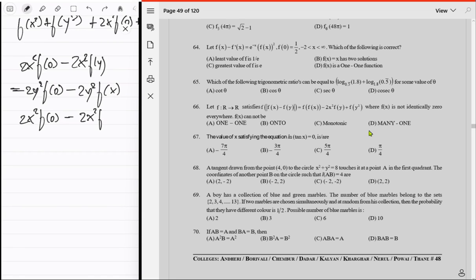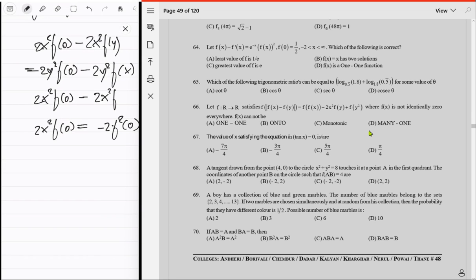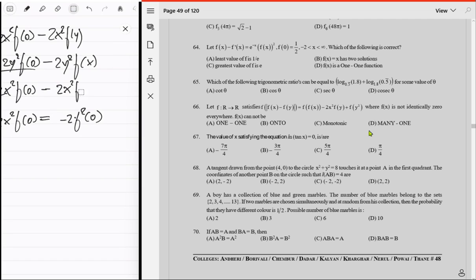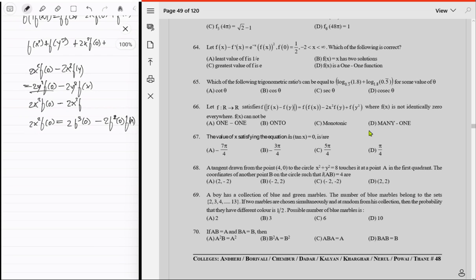Okay, and then what if I put y as f of 0? It becomes 2x square f of 0 minus, that one is gone. So 2x square f of 0 is equal to negative 2y square, like f squared of 0, and here it will also come, so just 2f cube of 0 minus 2f squared 0 and f of x, and this happens for all x and y.